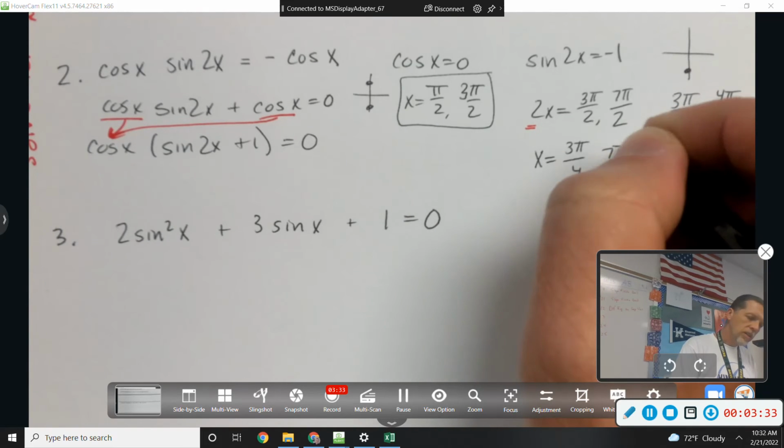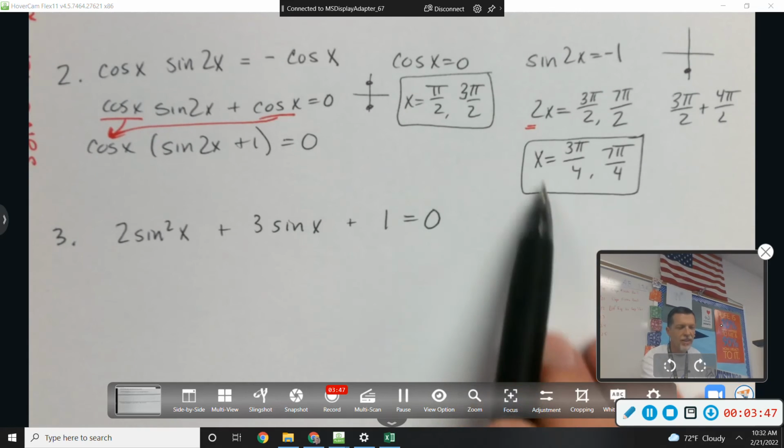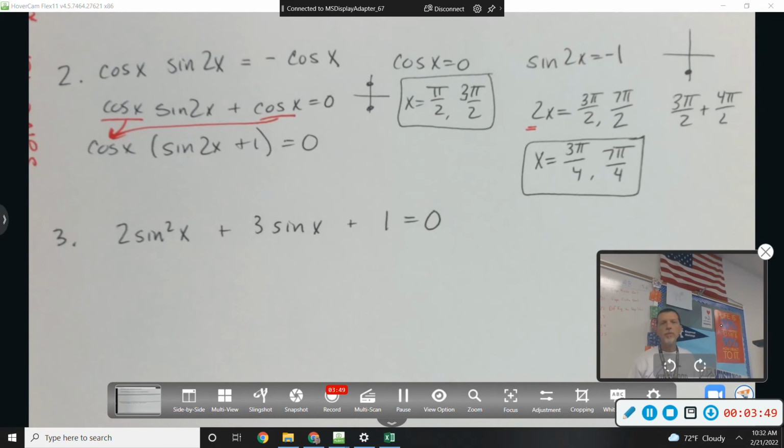There are 4 distinct answers. Yes, once in a while. I was thinking the 3 pi over 2s were the same answer. And that's the same number, but I wasn't done yet. I needed to divide by 2. So 4 different answers for number 2.